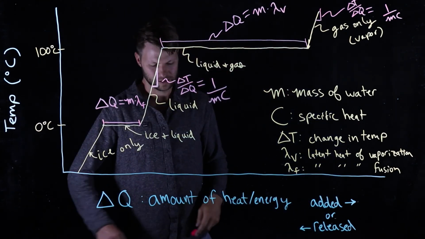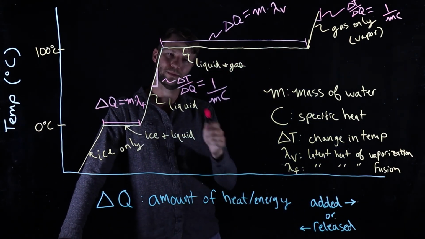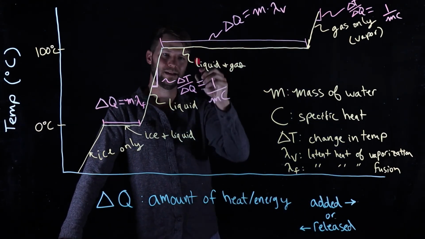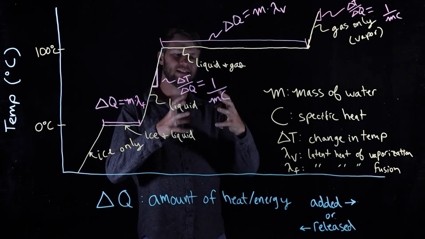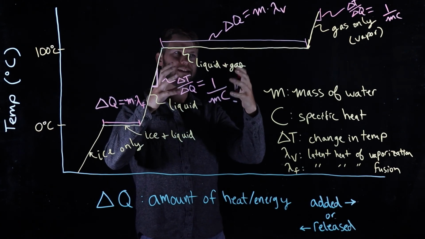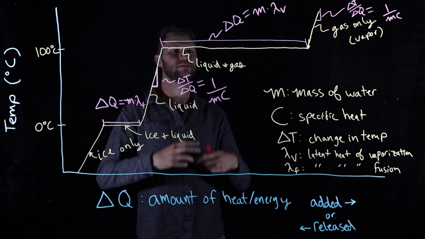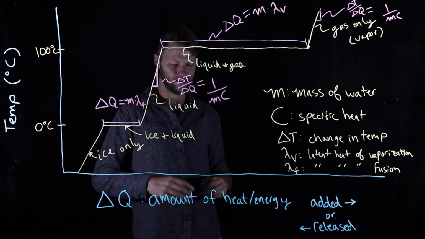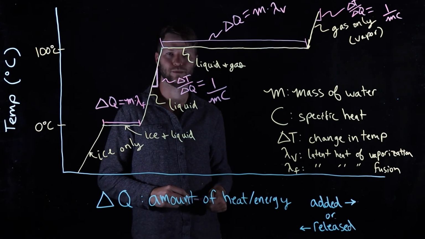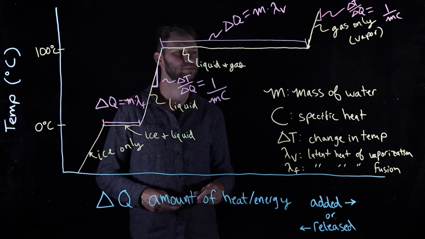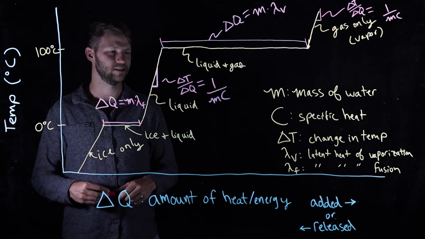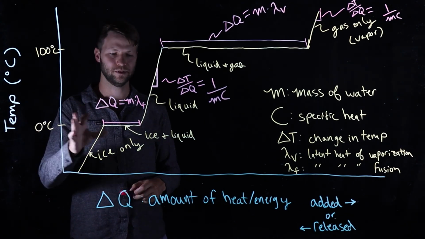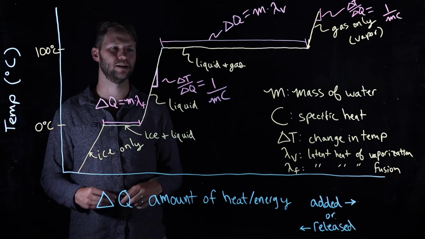And that's the reason why, if we remember back to the last video where I said that the moist adiabatic rate was not quite so high, it's because as a cloud is rising and it's raining out, heat's being released. And so the change in temperature with elevation is not as extreme as it would be during the dry adiabatic lapse rate. So those are some things that we can glean from this particular way of looking at the relationship between temperature and heat for a body of water.